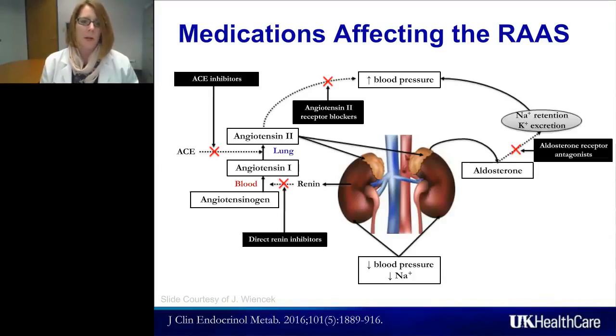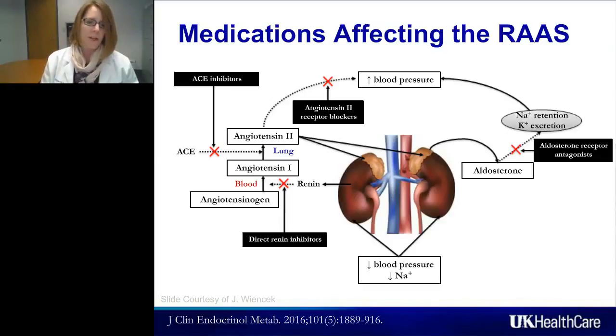ACE inhibitors will block conversion of angiotensin 1 to angiotensin 2, leading to downregulation of aldosterone and the ARR. Angiotensin 2 receptor blockers, or ARBs, have the same effect. They downregulate aldosterone secretion and the ARR. And finally, mineralocorticoid receptor antagonists, which is the primary recommendation for treatment of patients with PA, will also downregulate aldosterone secretion as well as renin and decrease the ARR.